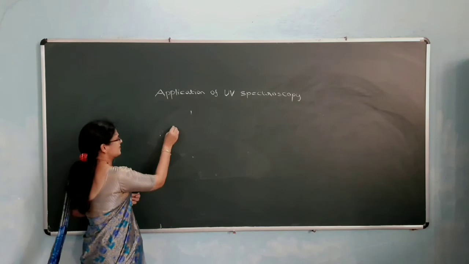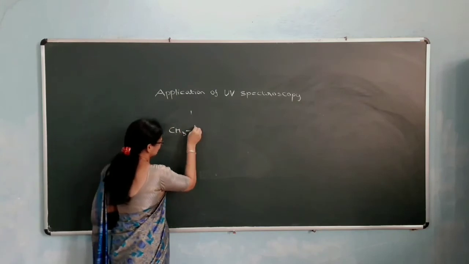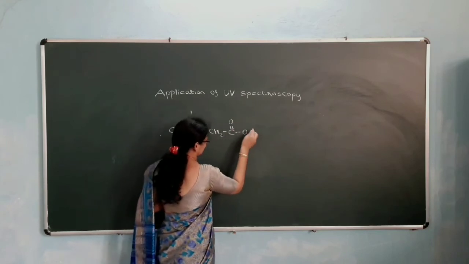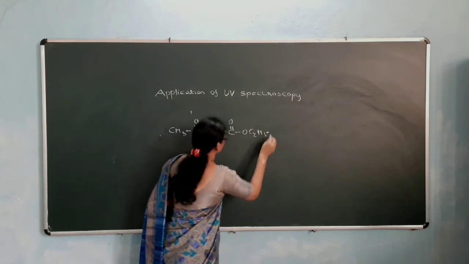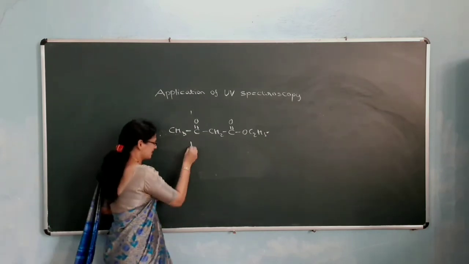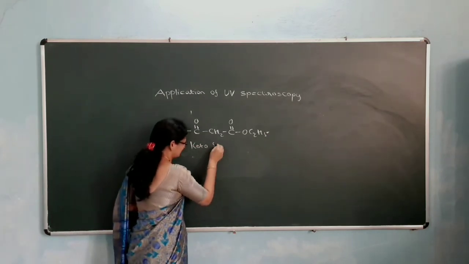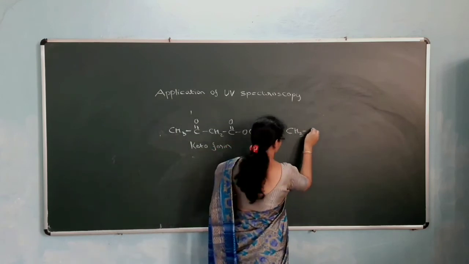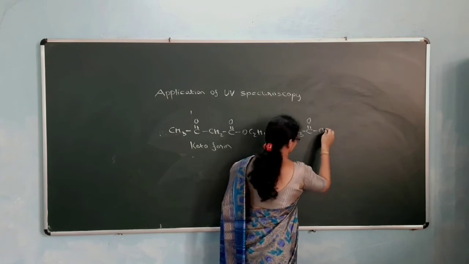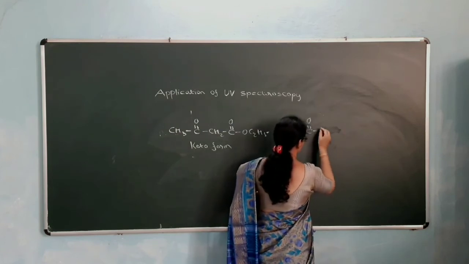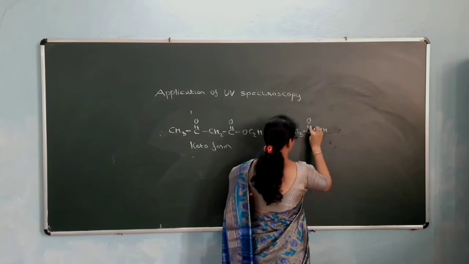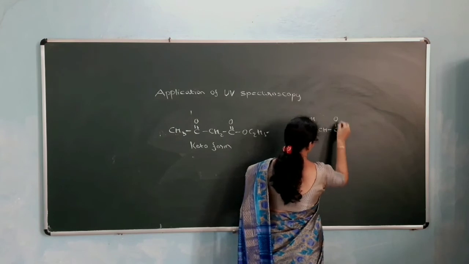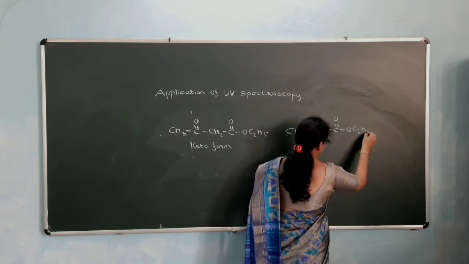So, this is the structure for ethyl acetoacetate. Okay. So, this is the keto form. This is the enol form.